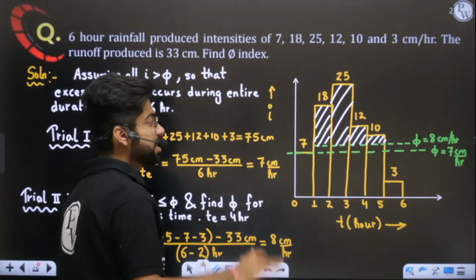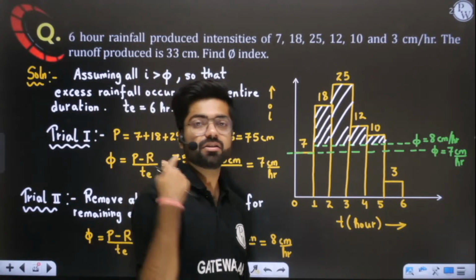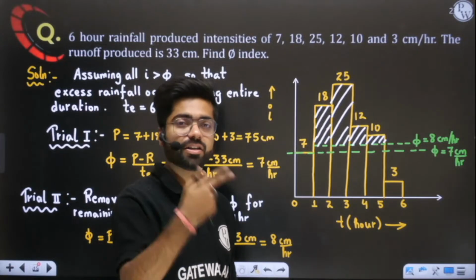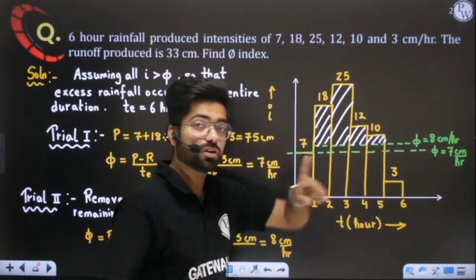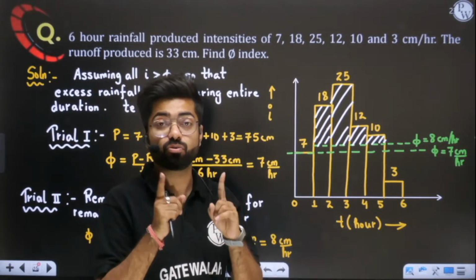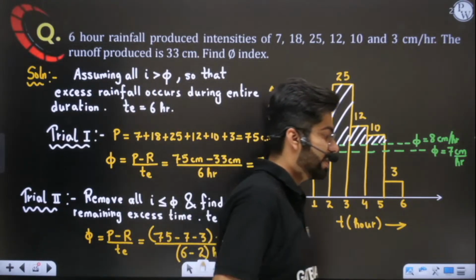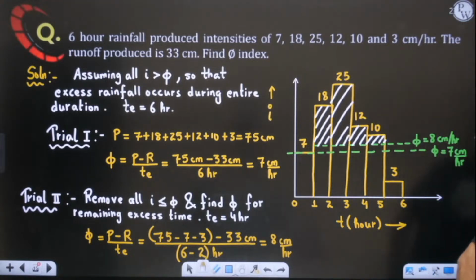Okay, we adjust the phi value until the area above the phi index is equal to 33 centimeter, which is the runoff volume. Yes or no? We adjust it till we get the excess rainfall equal to runoff volume.